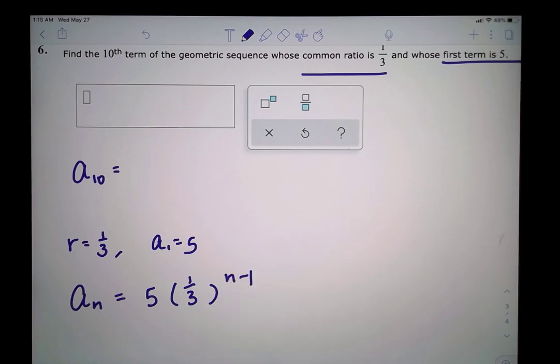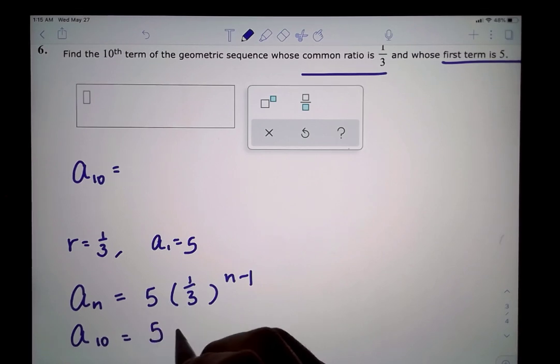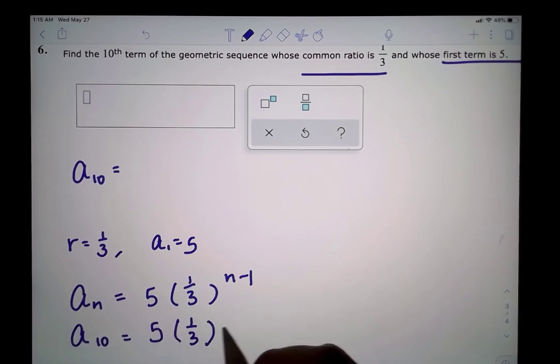This is my explicit form, and I want to get A10, so you do 5 times 1/3 to the 10 minus 1, 9th power. You can use a calculator for this, and you can type the answer over here.